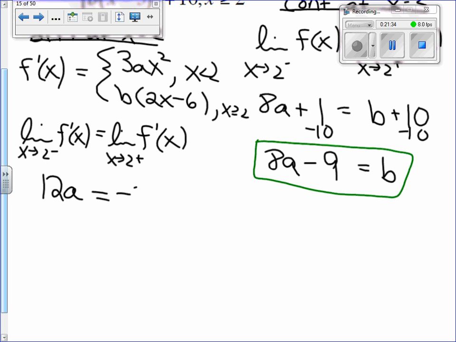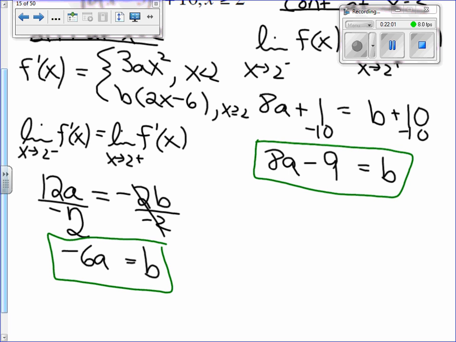Good. Okay. Can we clean this up a little more? Divide by negative 2. All right, so we know from this one that b equals negative 6a. So that's our second equation.